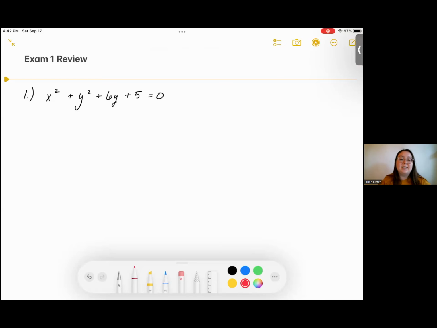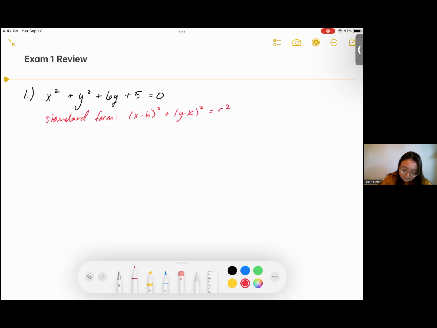We want to remember what the standard form of the equation of the circle is. It looks like (x minus h) squared plus (y minus k) squared is equal to r squared.